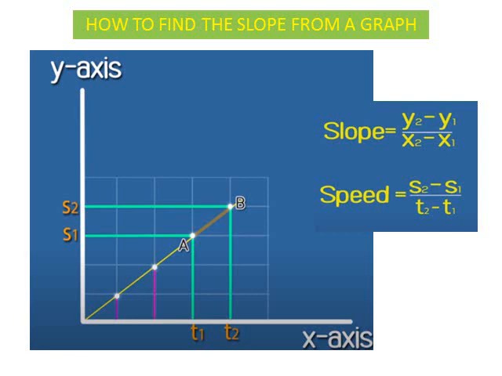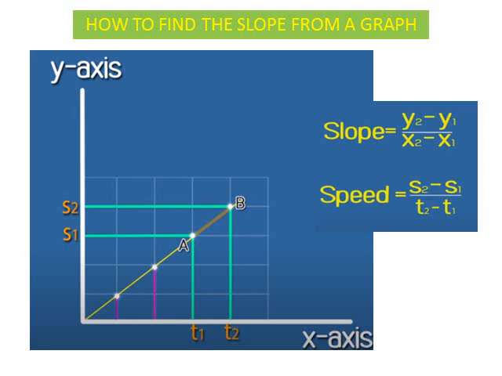Right, now how to find the slope of this? We have already seen the slope is y-axis value divided by x-axis value. So the y-axis values are S1 and S2. The difference between these two is S2 minus S1, divided by the x-axis value t2 minus t1.